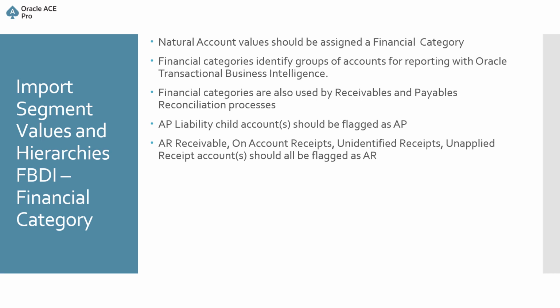So you're going to look to flag those as AP, and AP liability is truly AP in those dropdowns. For accounts receivable, you're looking at accounts receivable, on account receipts, unidentified receipts, unapplied receipts. They should be flagged as AR. But those groups of categories, Tom kind of alluded to this earlier, will actually be used to light up some dashboards. We are going to cover that on a later slide in this deck.